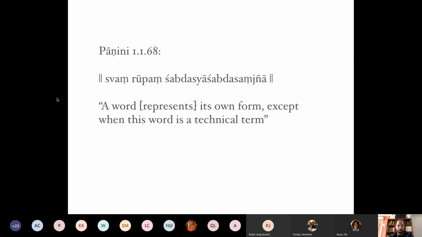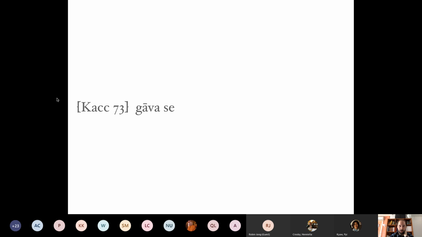And the rule says, Swam Rupam Shabdasya Ashabda Samnya. And that means something like, in my translation, a word represents its own form, except when this word is a technical term.